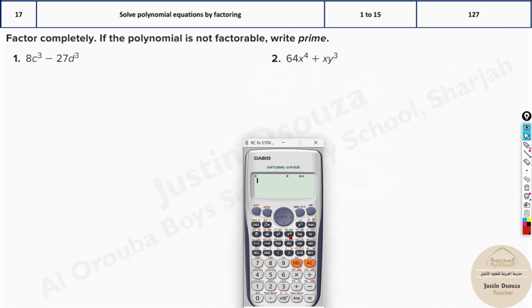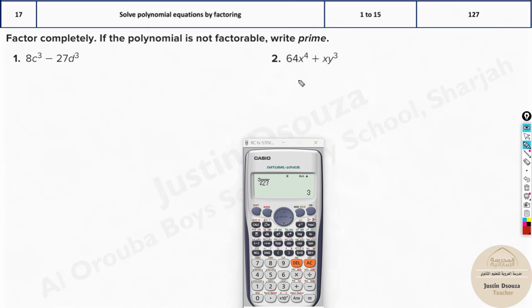Either you can press shift and this over here, x power symbol. And now you can type this 3 over here, cube root, and 8. Or I can directly press shift and you can see this over here, square root. If you press shift and this, it's going to be cube root. So that is 8. And now just change the number. Cube root of 8 is 2. And this is 27, that's 3.